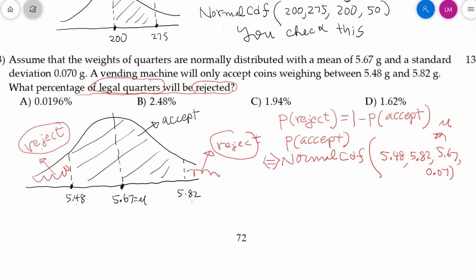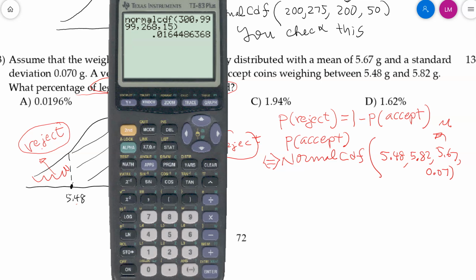So you hit clear, second, distribution, go to number 2, and then 5.48, 5.82, 5.67, 0.07.